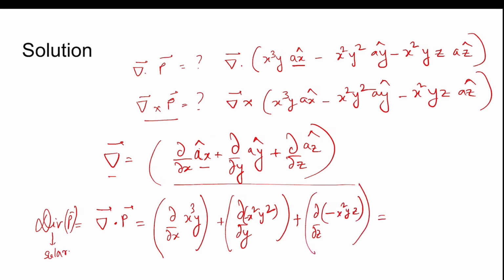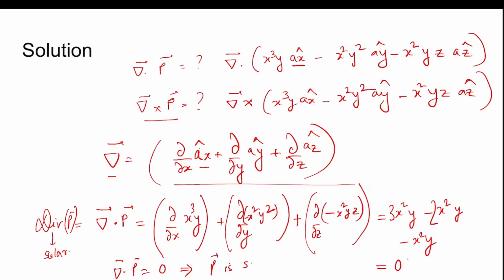So you find this: 3x square y minus x square y into 2 minus x square y, which is equal to 0. Since divergence of P equals 0, P vector is solenoidal.